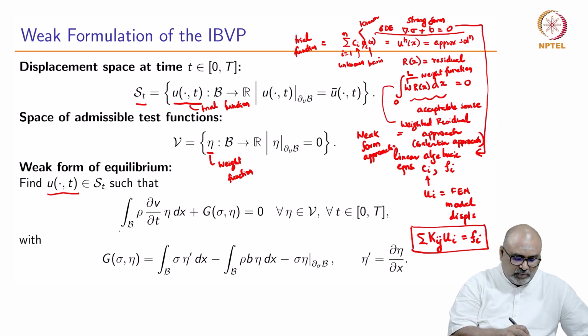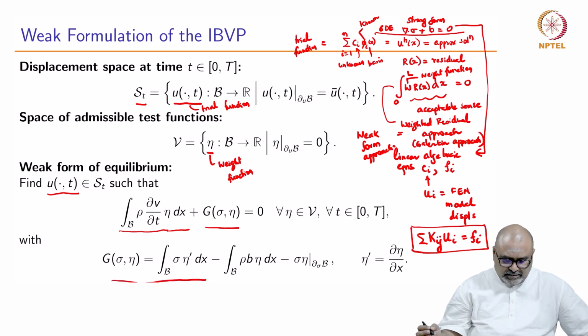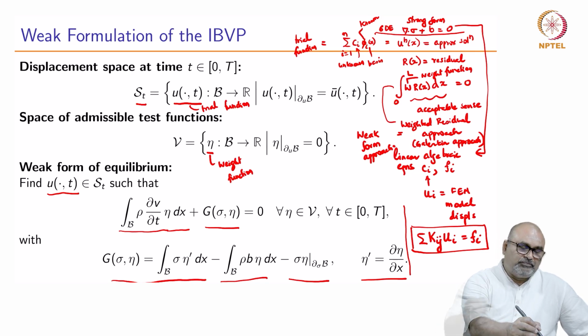So, integral over the domain rho dou v by dou t eta dx plus g of sigma comma eta must be equal to 0, where g of sigma comma eta is nothing but integral of sigma eta dash dx minus rho b eta dx minus sigma eta defined on the boundaries of the domain, where eta dash is dou eta by dou x. So, this is the weak form that we have got by writing the weighted residual form.